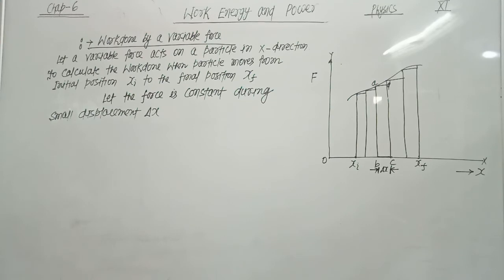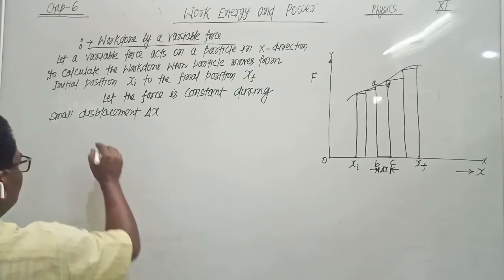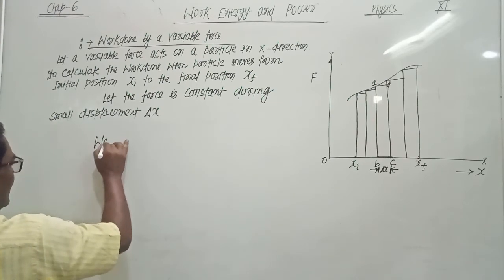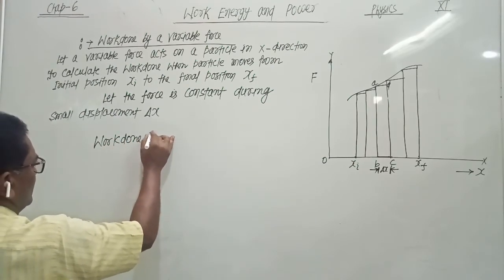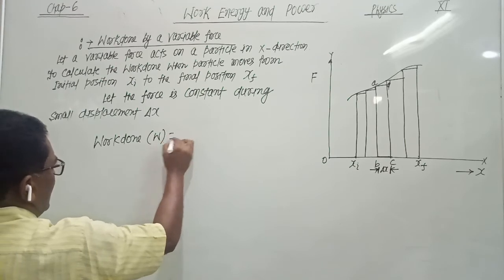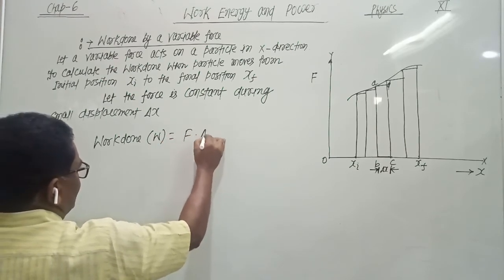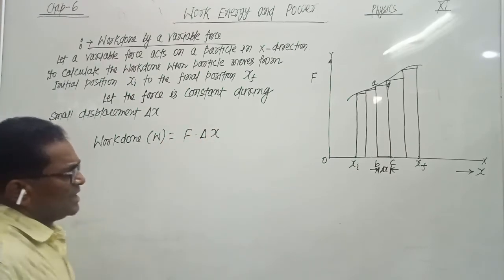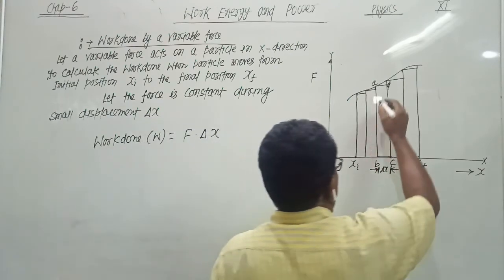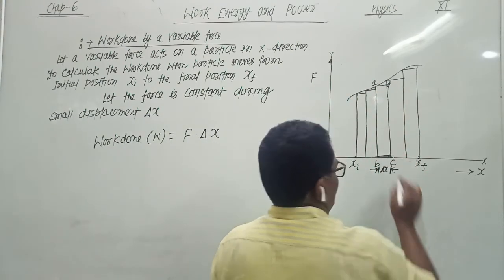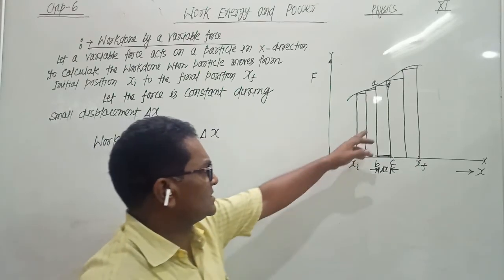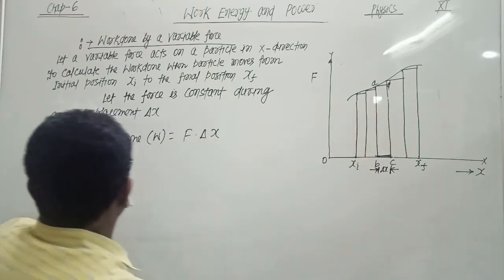So the work done W equals F into delta x, force into displacement, where F is a constant force.